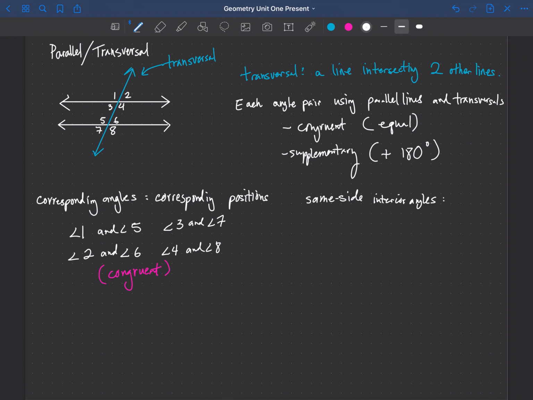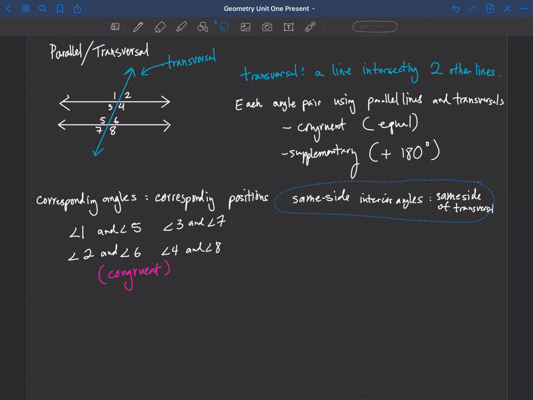So same side of the transversal and between, or inside, the two lines.